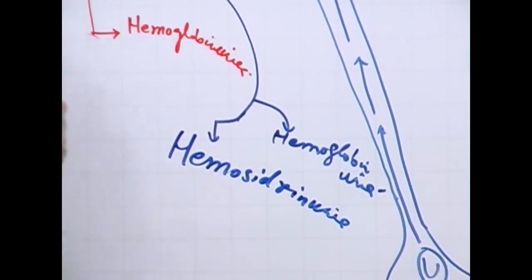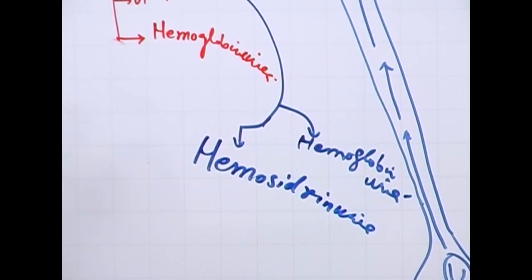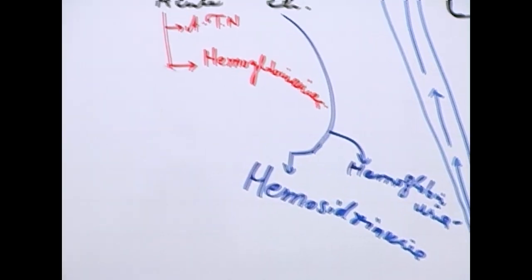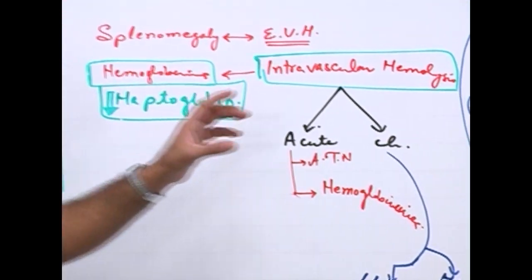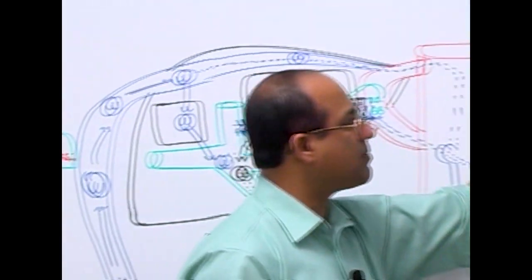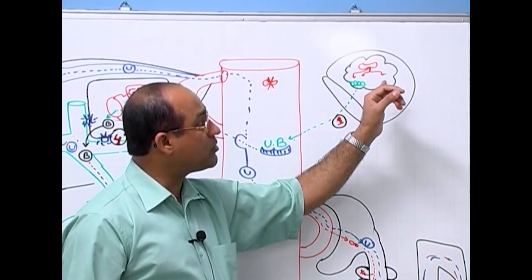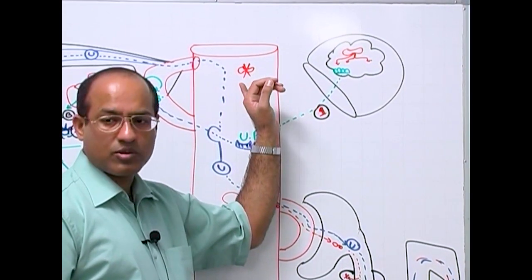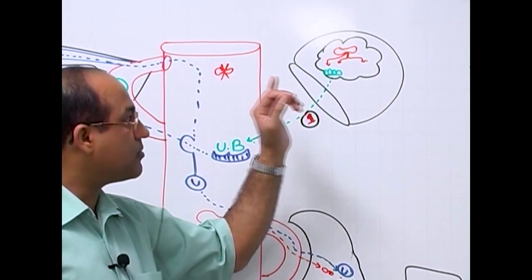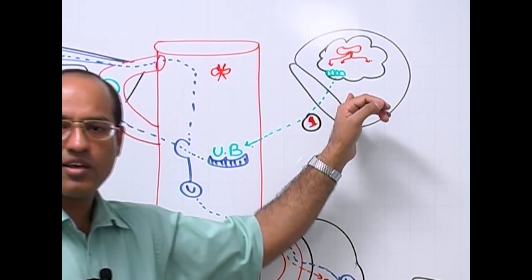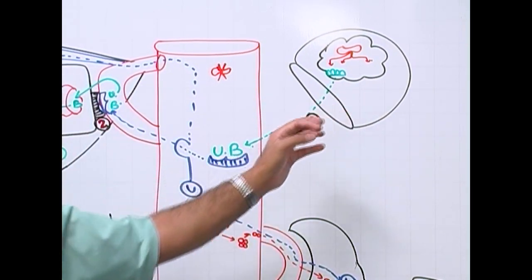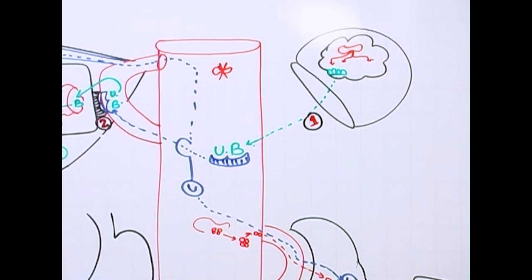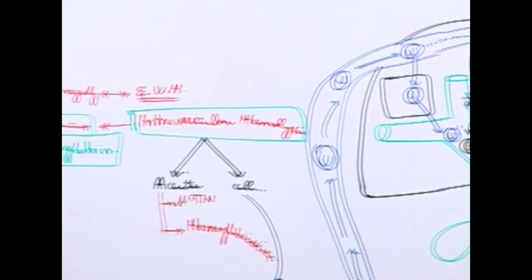Let's compare. Hemolysis may be within the macrophages or within the circulation. If hemolysis is within the macrophage, we call it extravascular hemolysis. If it is within the circulation, we call it intravascular hemolysis. The major feature of extravascular hemolysis is splenomegaly. In intravascular hemolysis, number one, free hemoglobin is present in the blood.